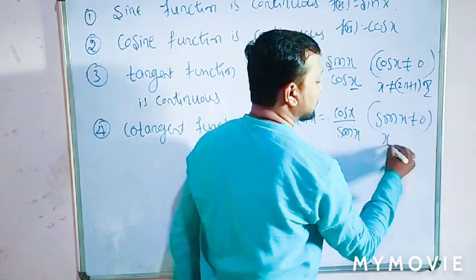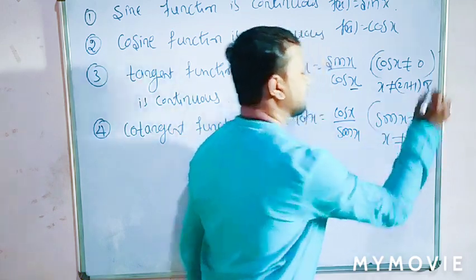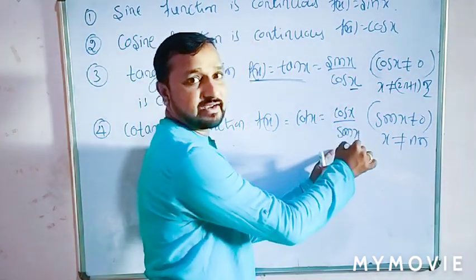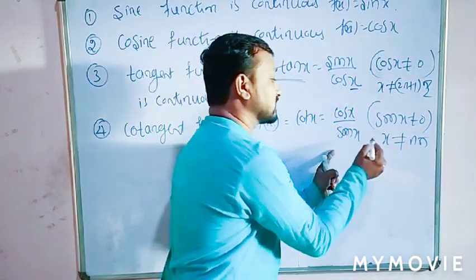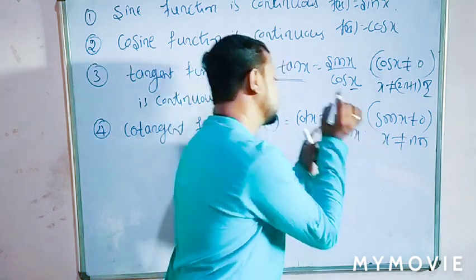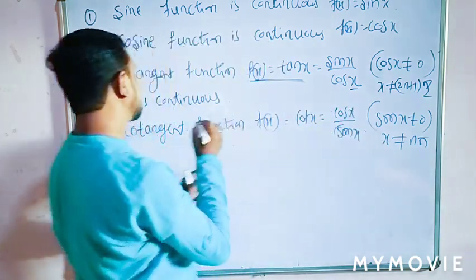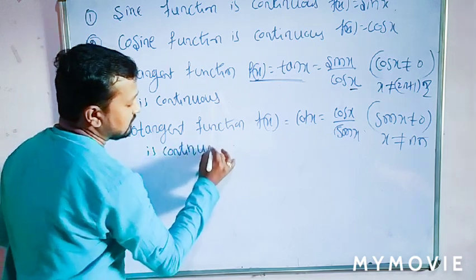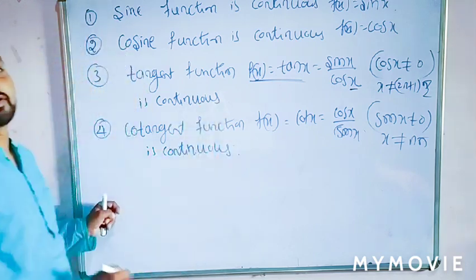Sin x is not equal to 0 is nothing but x is not equal to n pi. If sin x is equal to 0, the function is not defined. Is that clear? So if sin x is not equal to 0, then our cot function is continuous. Okay.